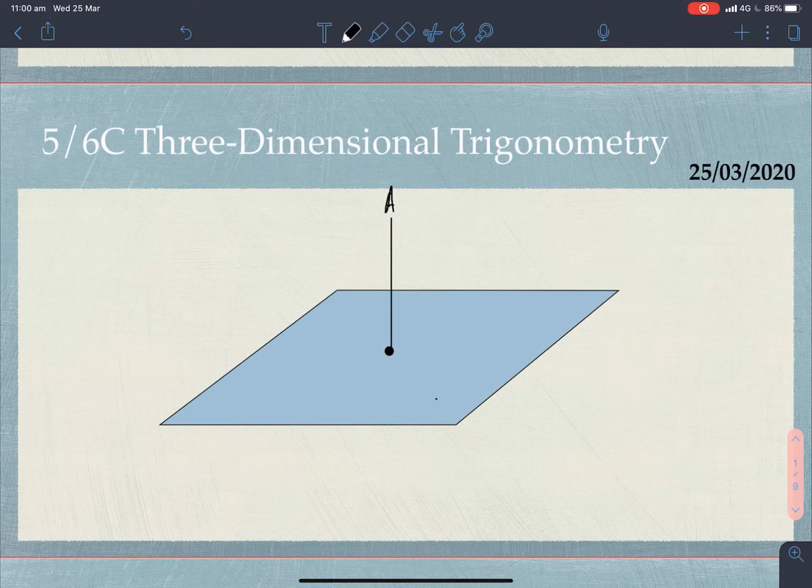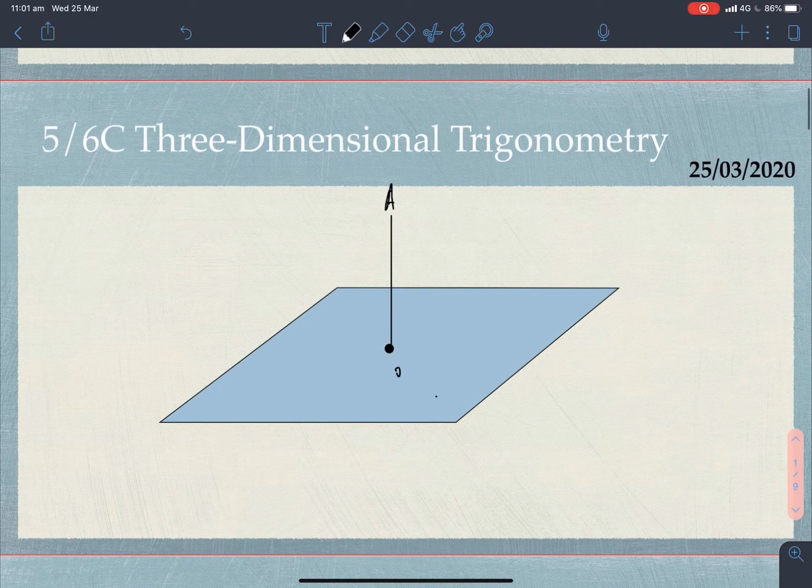Let's call it AO. Apologize for the gap. Anyway, so I draw a perpendicular line to it called AO. O is at the center, so I just do AO.